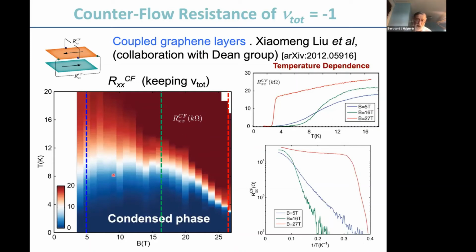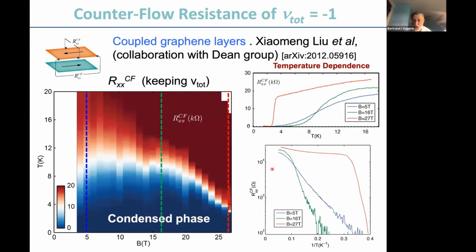And it gets much blurrier in the smaller D, smaller magnetic field, the smaller D over L regime. And here you can see a cut along these three curves. So the red cut, you can see it's really quite sharp. The resistance increases quite rapidly, whereas it's much smoother in the green and blue regions.